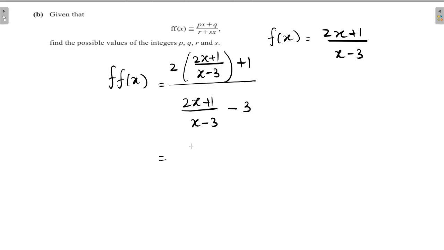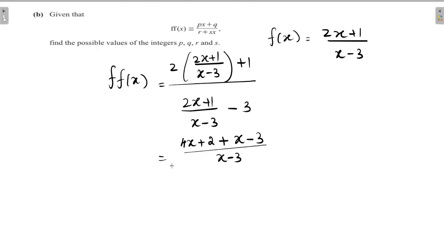Now we can simplify the numerator. Let's remove the bracket. So 4x plus 2 plus 1 into x minus 3, so x minus 3, the whole divided by x minus 3.